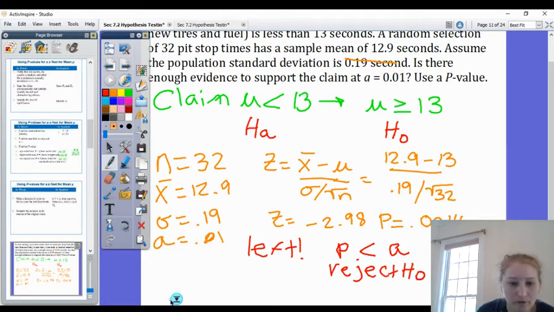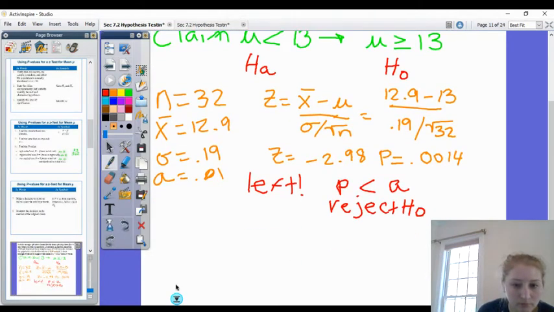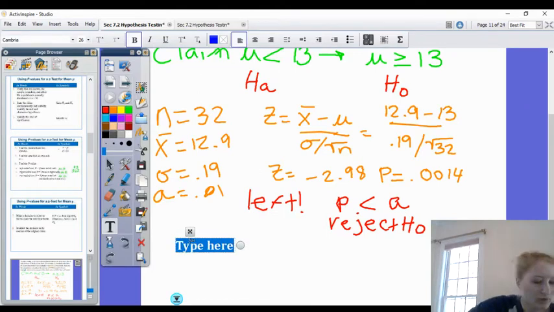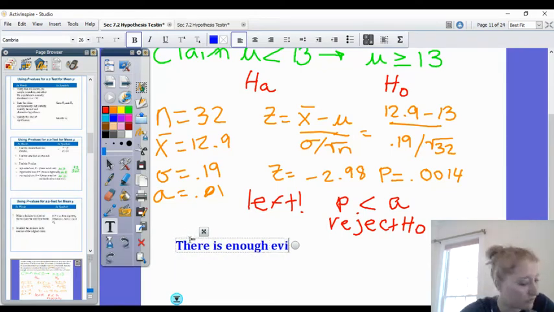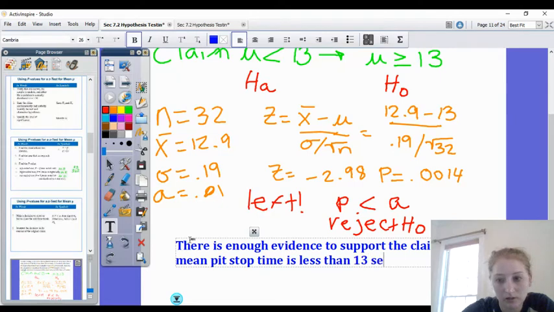Now we're going to write a summarizing sentence. There is enough evidence to support the claim that the mean pit stop time is less than 13 seconds.